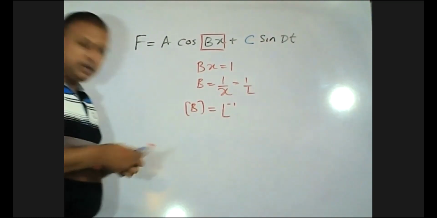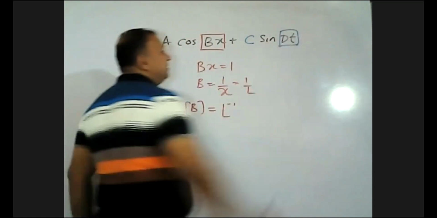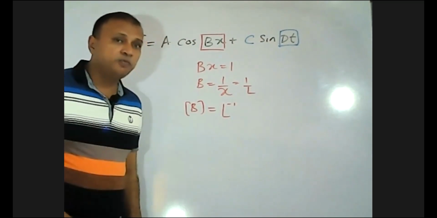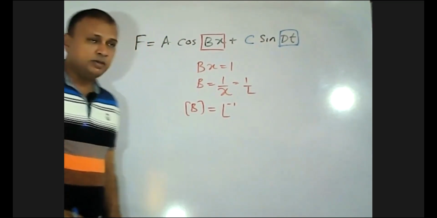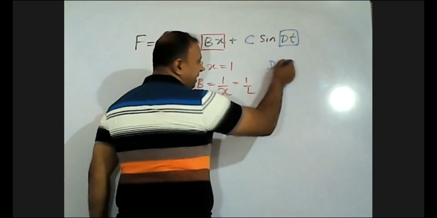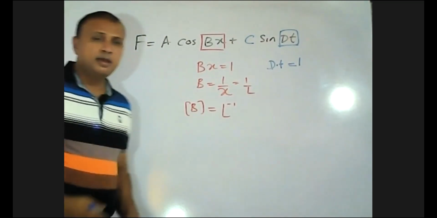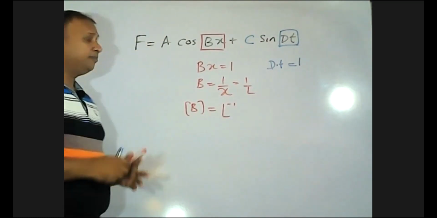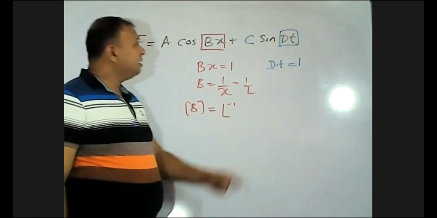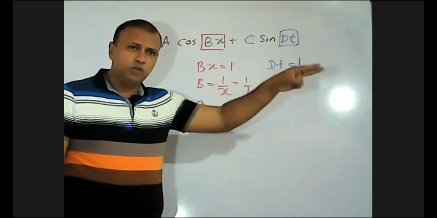The same argument applies here. dt is an angle, so the dimension of dt is 1. Actually there should be a dimension, but when you are dealing with it in your mind, just think dt is equal to 1.